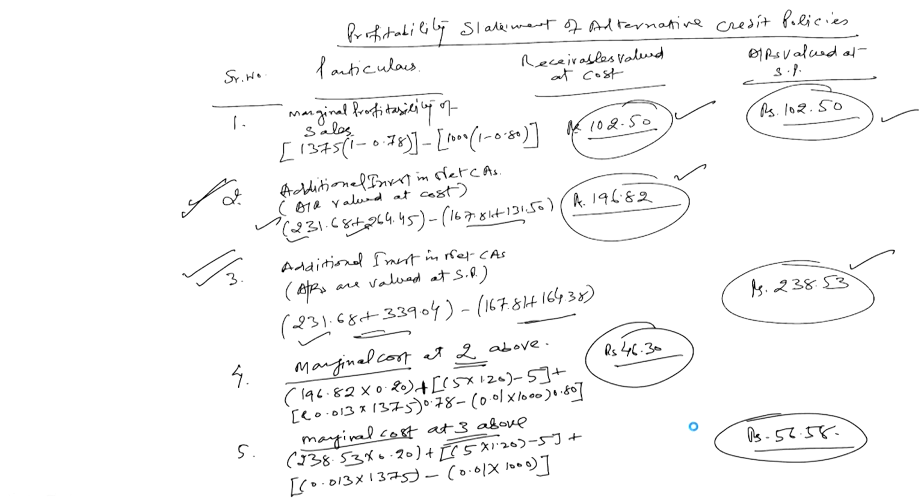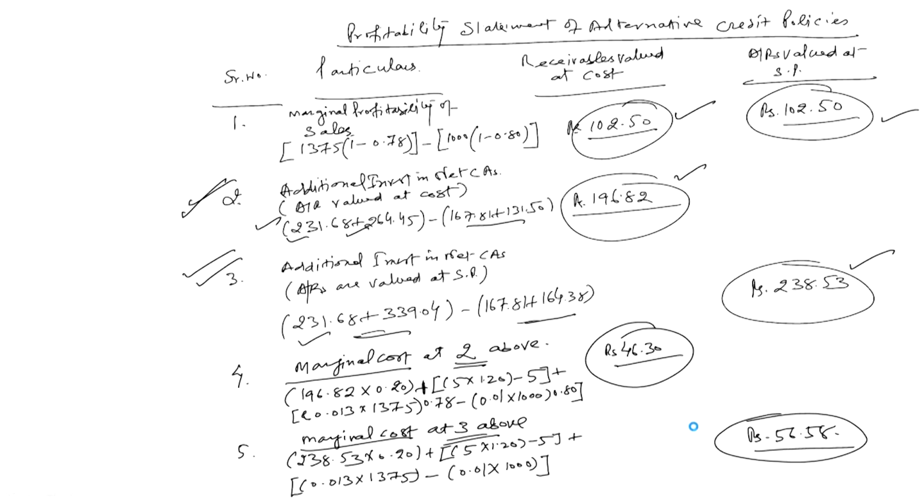And the marginal cost, which was the sum of three things: investment cost, bad debt losses, and the cost of collection. When the receivables were valued at cost, the total cost worked out as 46.30 crores, and when the receivables were valued at selling price, the total cost containing these three components, the investment cost, collection cost, and bad debt losses, worked out as 56.58 crores.